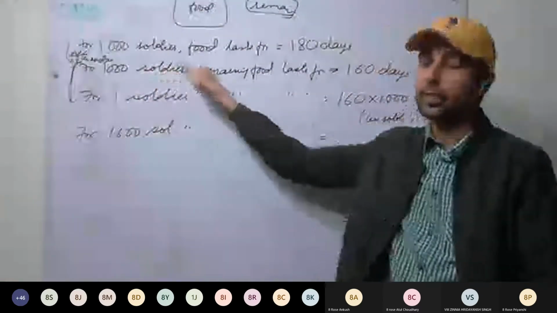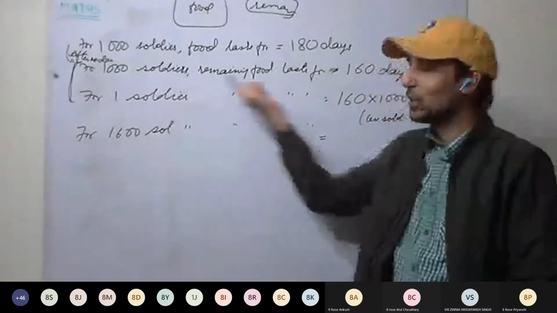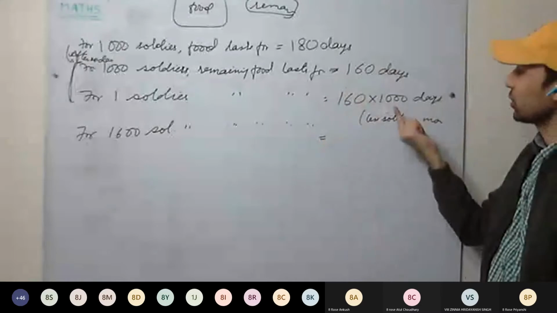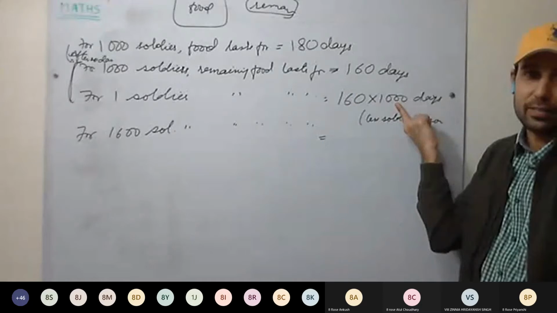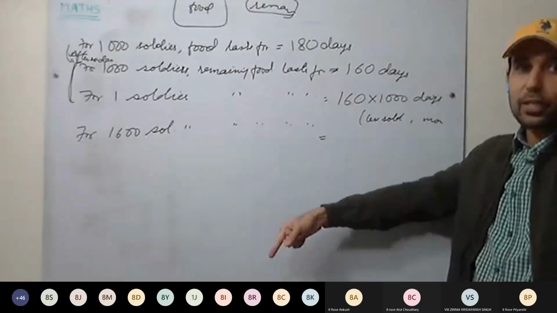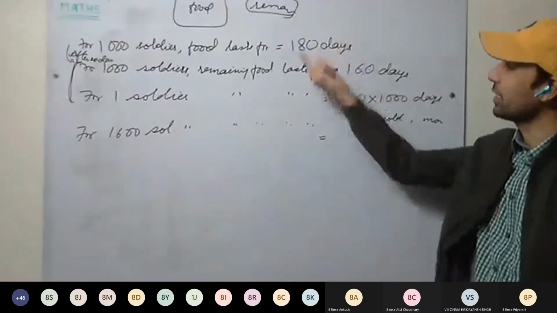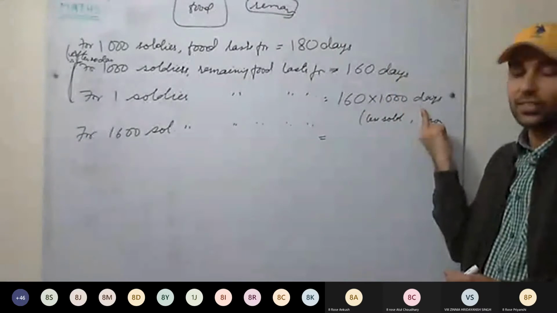For 1000 soldiers, it is lasting 160 days, so if only one soldier is there, it will last many more days. So more days must be the answer. That's why we multiply with 1000. In this question, there is no exception that one soldier may have a bigger belly and eat all the food in one day. So 160 into 1000 days.